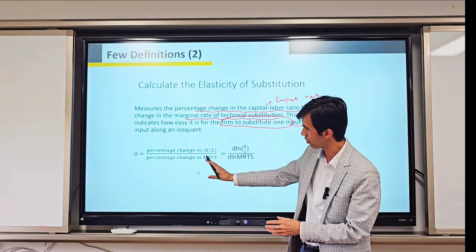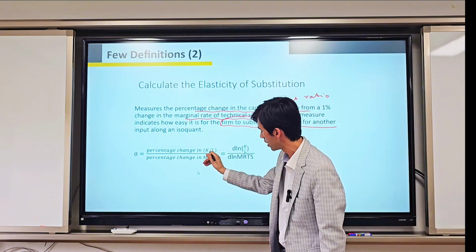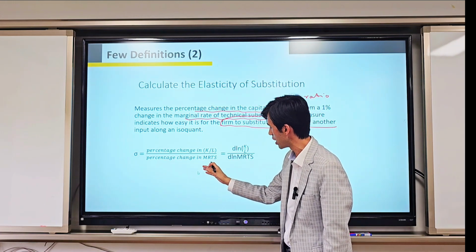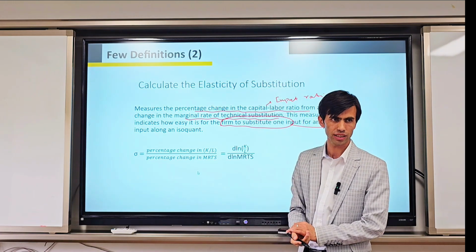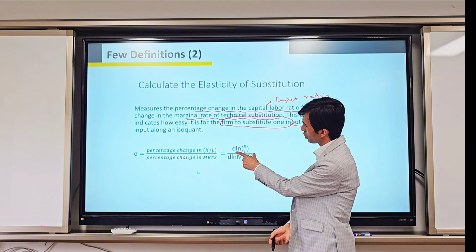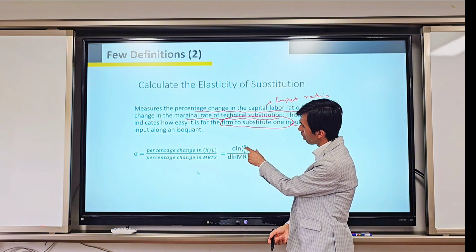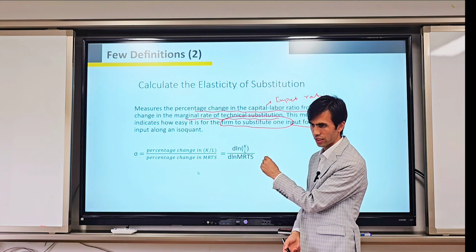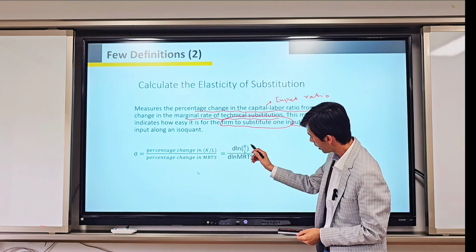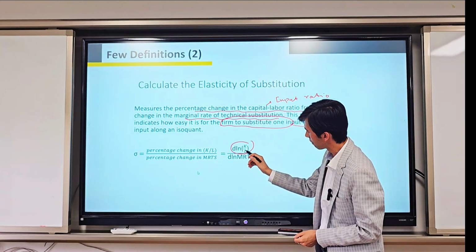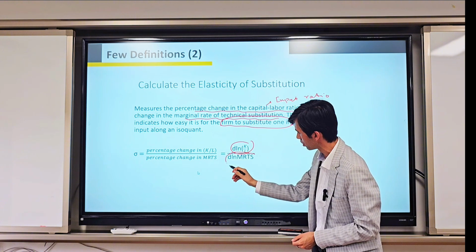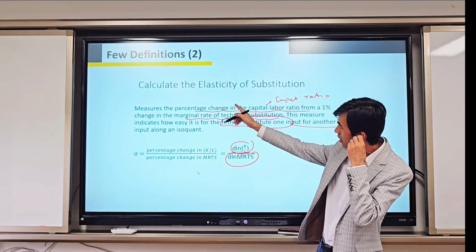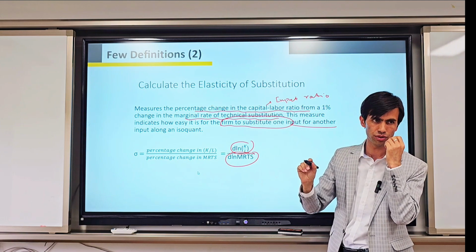So this is the general formula: the percentage change in the capital labor ratio divided by the percentage change in the marginal rate of technical substitution, which is equal to the d ln of the input ratio divided by the d ln of the marginal rate of technical substitution. It means that if we take the derivative with respect to the ln of the marginal rate of technical substitution, we will have the elasticity of substitution.